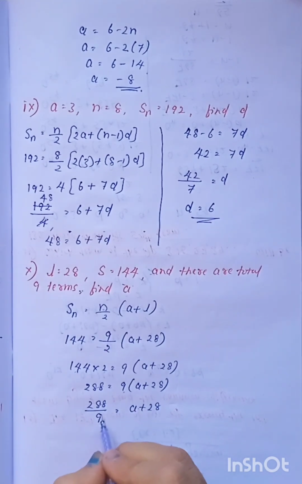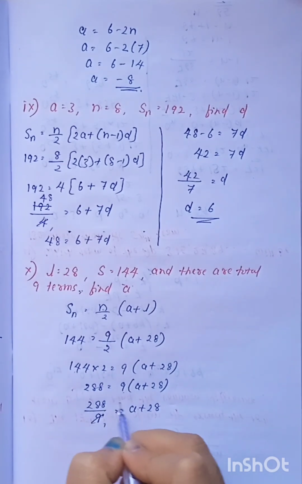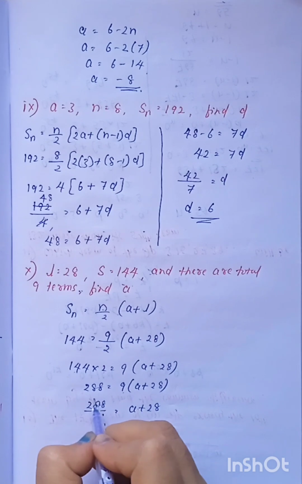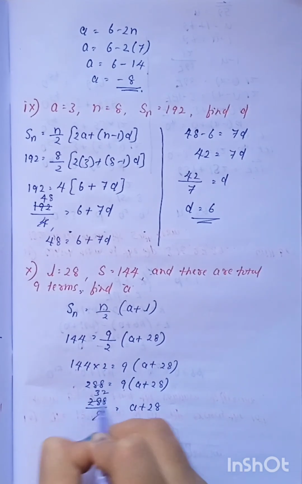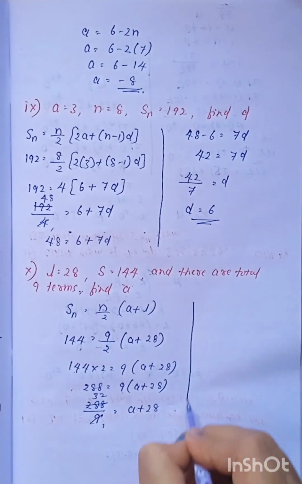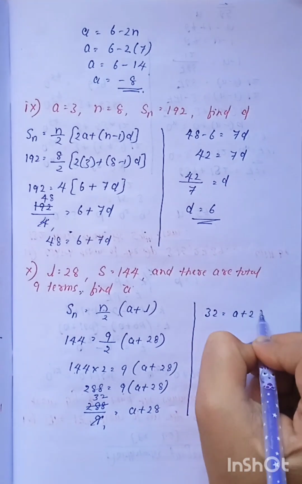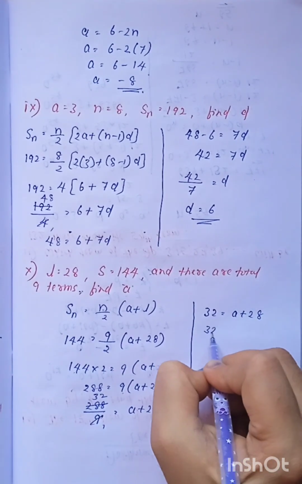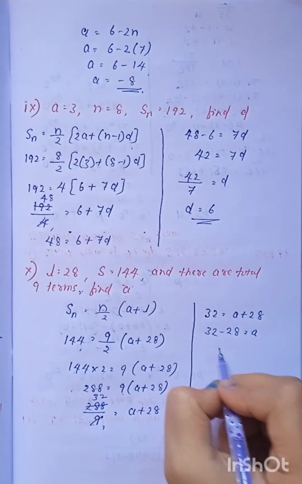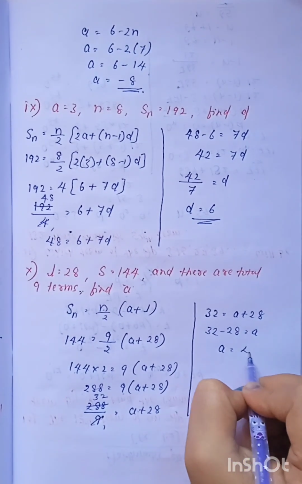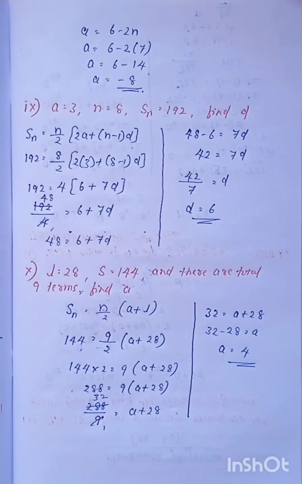Now I will do the factorization simplification. 9 ones are 9, 9 threes are 27, 1 remains, 9 twos are 18. So we got 32 equals a plus 28. Now 32 minus 28 equals a. So finally a equals 4. This is the answer for a.